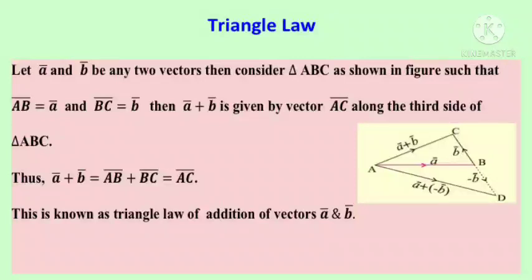So this is known as the triangle law. The third side of the triangle is given by the addition of the two sides of the triangle. Above you can see AB bar plus BC bar is equal to AC bar. That is, AC bar is equal to a bar plus b bar, and this is known as the triangle law of addition of two vectors.